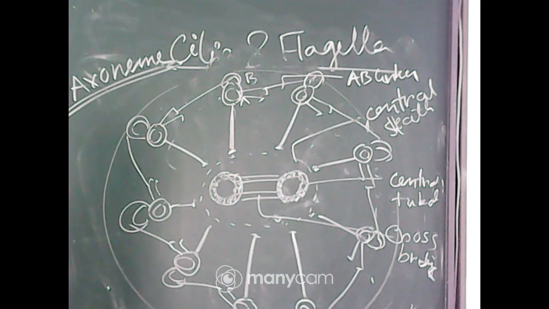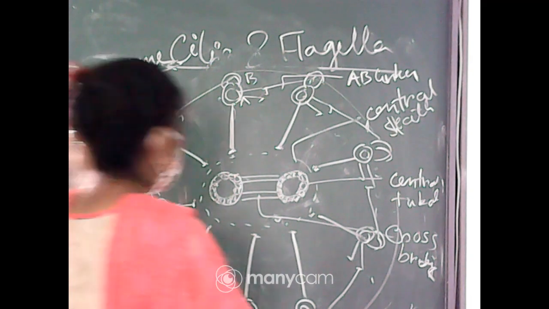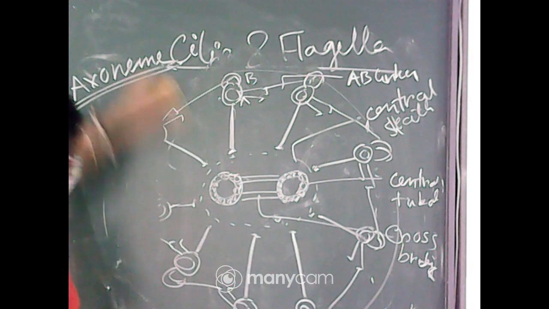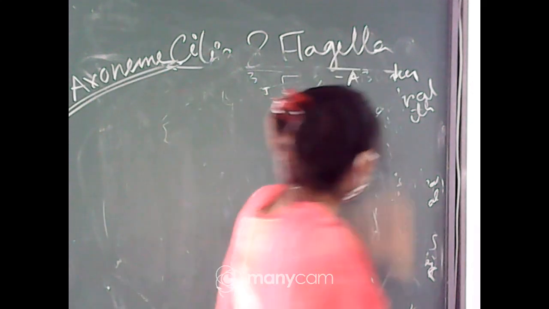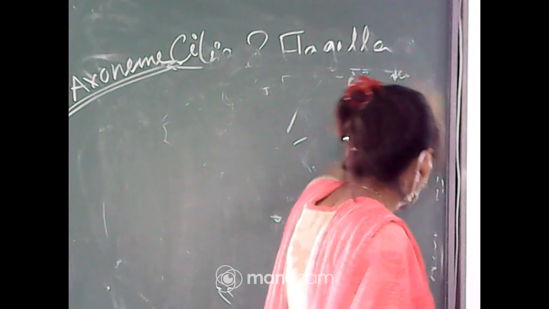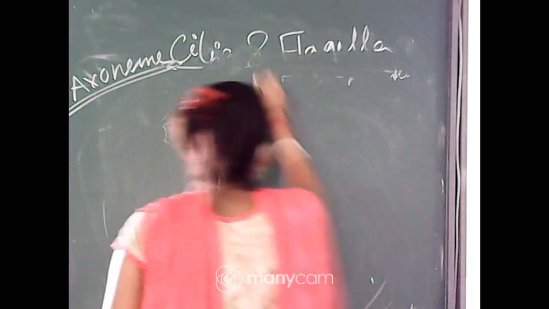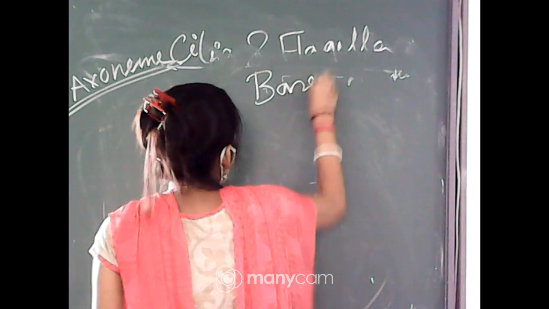Okay. In the case of both cilia and flagella, they emerge from a structure which is called the basal body.